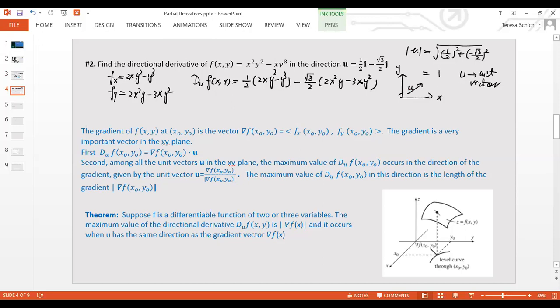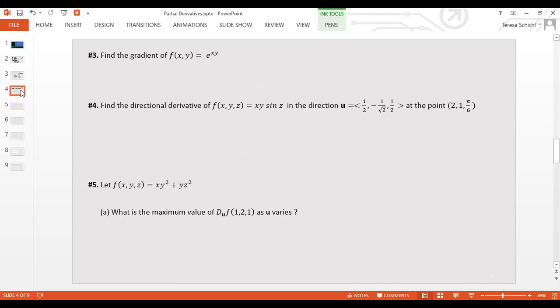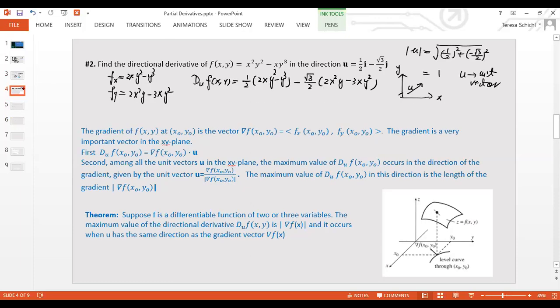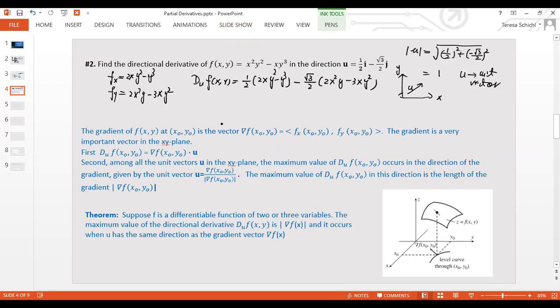All right, so a while ago, okay, sorry, too fast. A while ago, from the previous one, we said D_u f of x0, y0 is f_x at x0, y0 times a plus f_y at x0, y0 times b here.